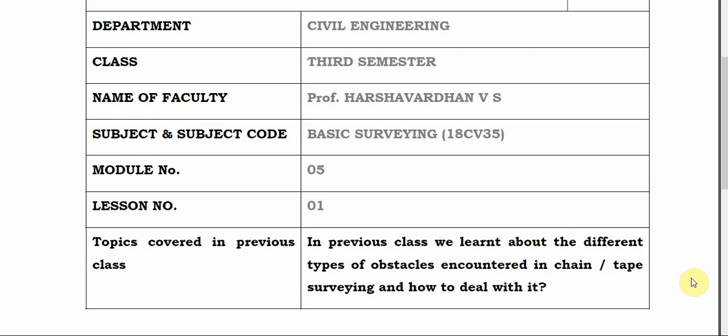Now, in chain surveying, under ideal circumstances, we choose surveying stations such that there are no obstacles from first point to last point, meaning all the points are visible and all the points can be ranged without any difficulty.